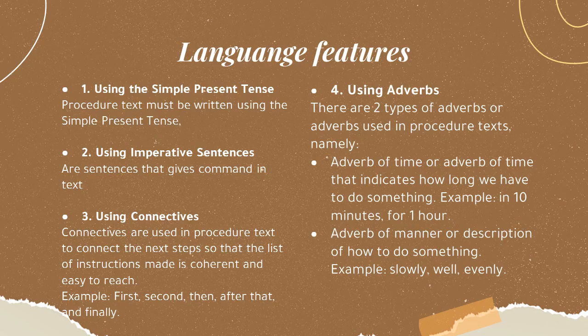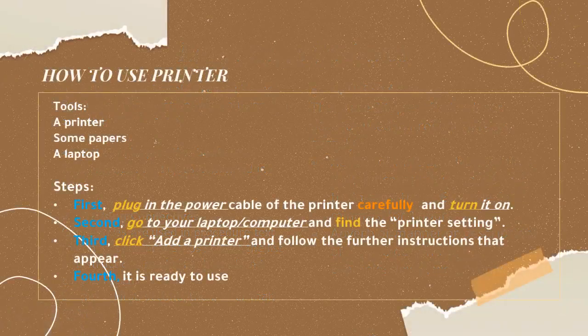So guys, that is for the language features. The first is using the simple present, the second is using imperative, the third is using connectives, and the last is using adverbs. This is an example of the language features of procedure text. I have colored the parts of the language features.